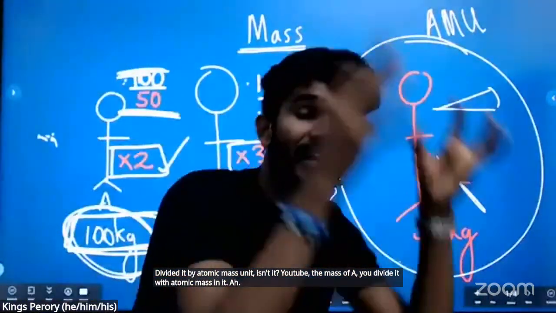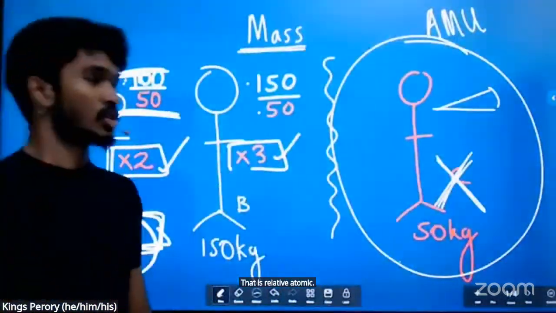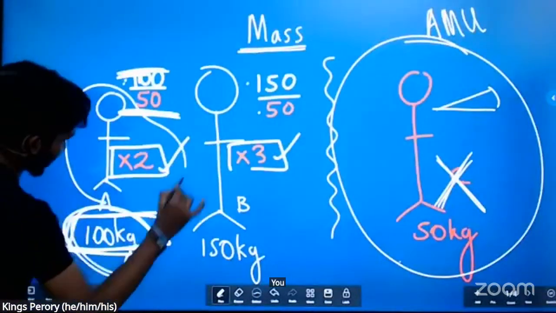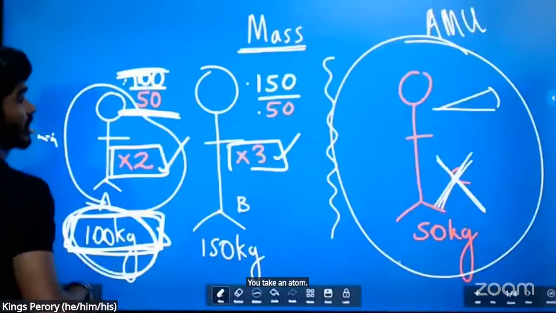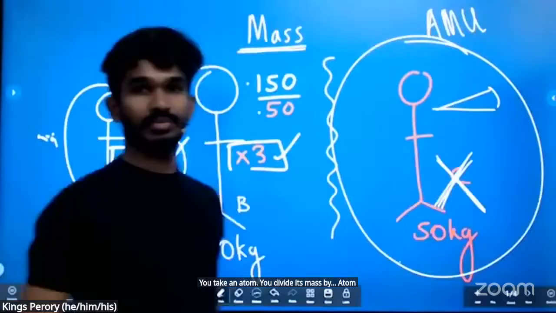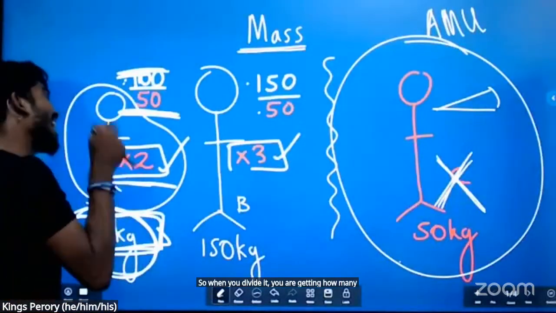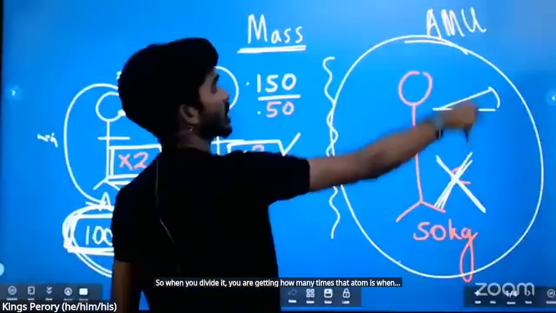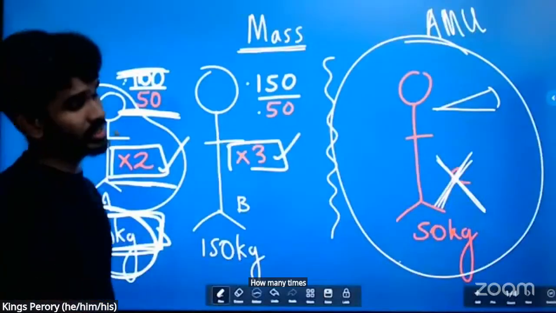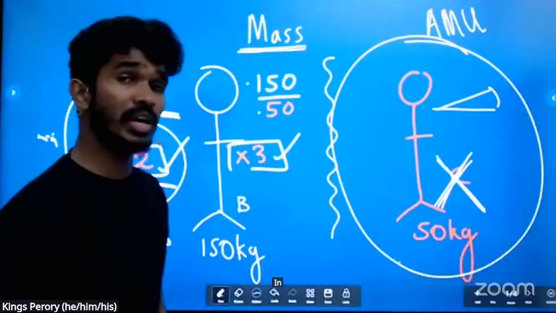That is relative atomic mass. So in relative atomic mass, what do you do? You take an atom and divide its mass by the atomic mass unit. So when you divide it, you get how many times that atom is when compared to the atomic mass unit. In relative molecular mass, what you are doing?